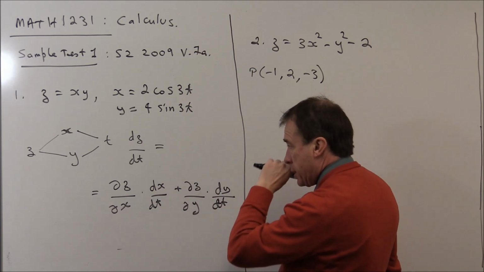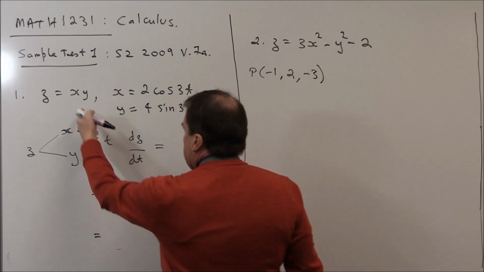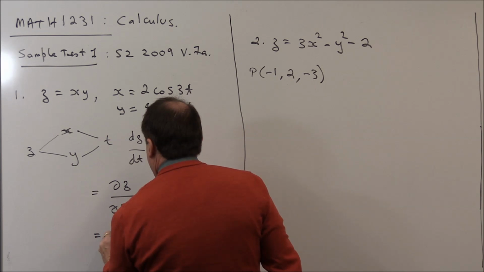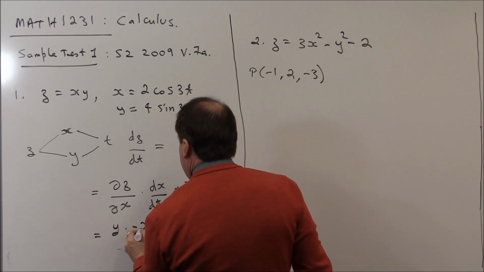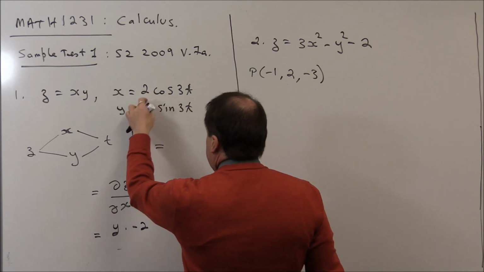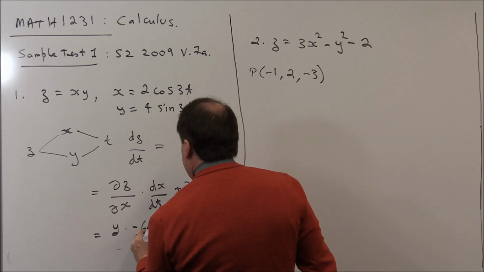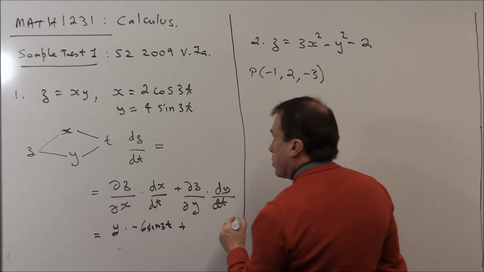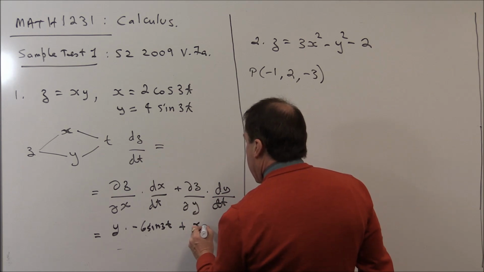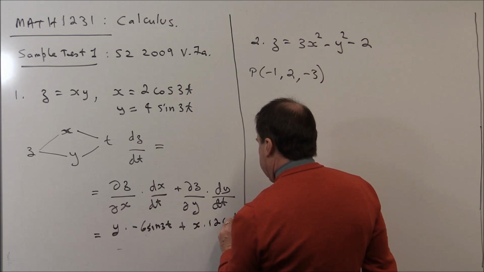And now I just have to substitute, plug in the values. So dz dx takes the value y, dx dt I differentiate from here, bring out the 3, I get minus 6 sine 3t, and then plus partial dz dy gives me x, and dy dt gives me 12 cos 3t.